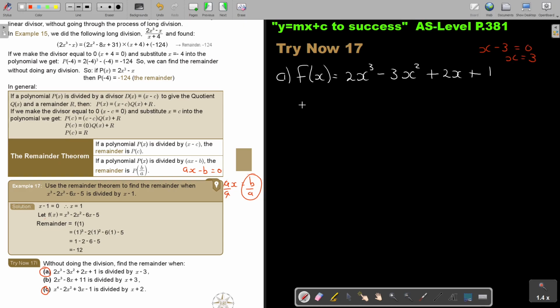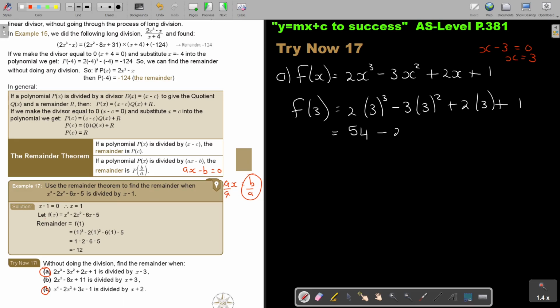So I'm going to say f(3) and then substitute it in there. So it's 2(3)^3 minus 3(3)^2 plus 2(3) plus 1. So this is 27 times 2, so it's 54. This is 9, so it's minus 27, plus 6, plus 1. And the final answer is 34.